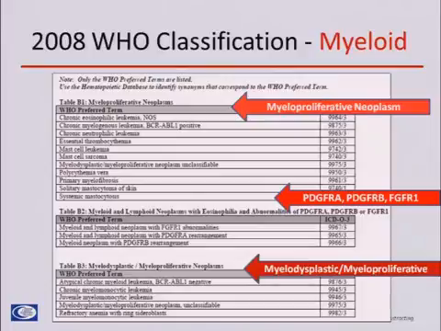Then we have this new group with the PDGFRA and PDGFRB and FGFR1 abnormalities. And those are specific tests for specific conditions. They're new, so they put them in a group of their own. This group will probably grow as more and more testing is identified.